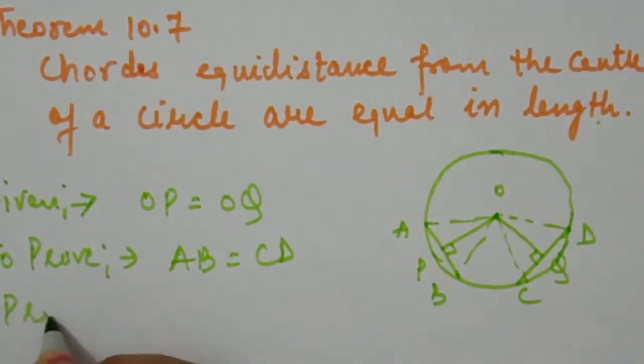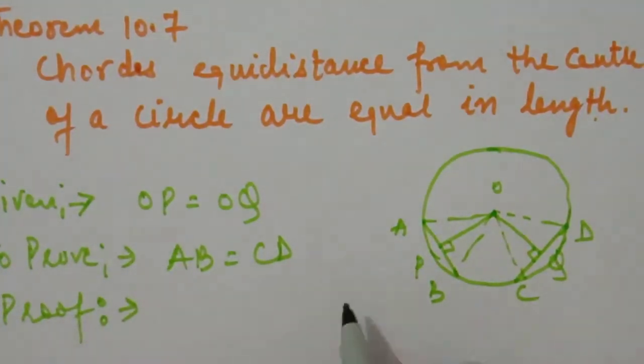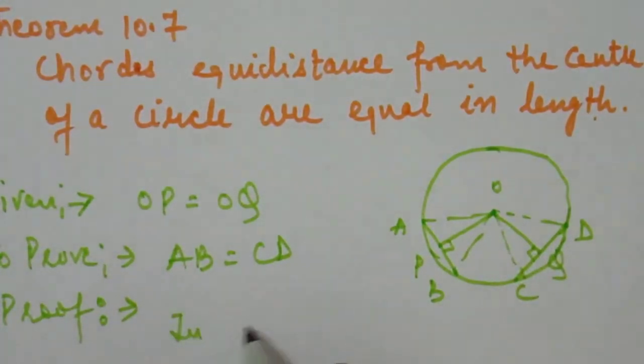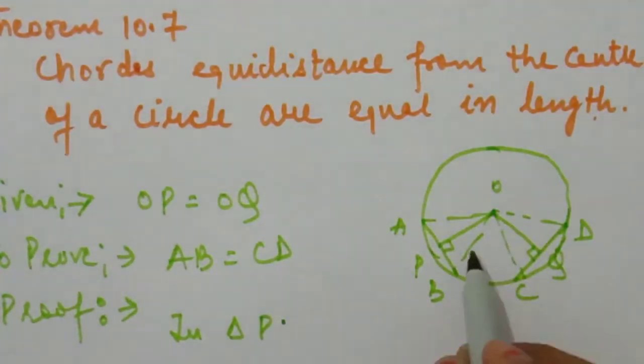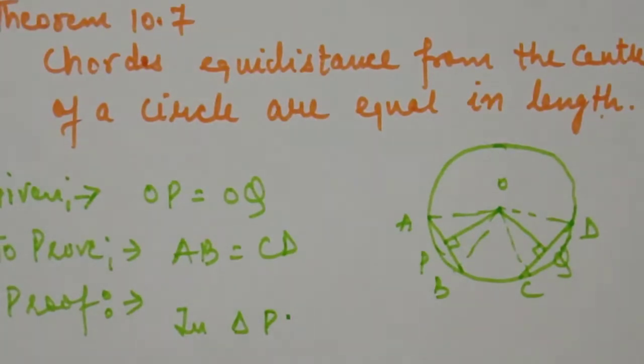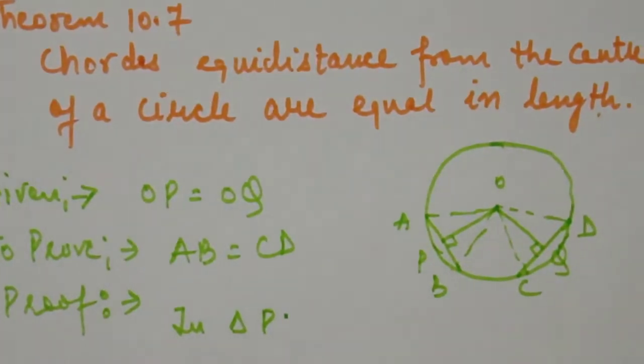And the proof. So what is the proof? First of all, we know very well that we have to take two triangles for the congruency, and we need three elements. So let's see. If we take the complete big triangles, we do not have three elements, so we will go with the small triangles, then we will shift to the complete chord.